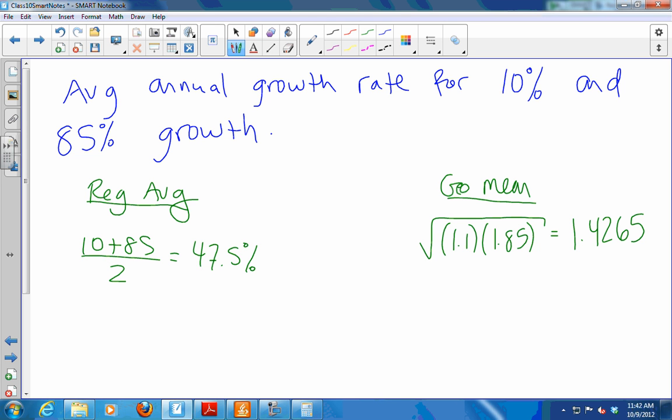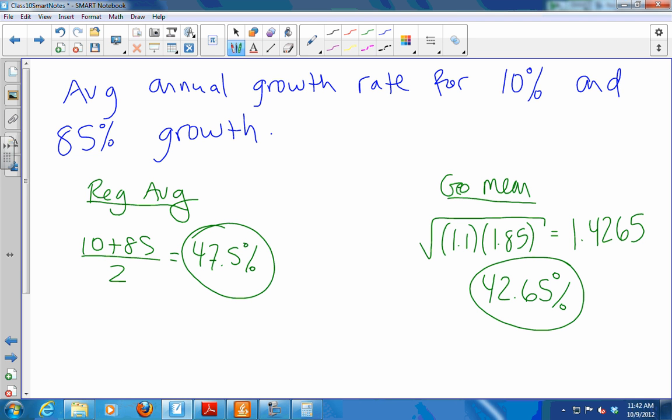As a percent increase, that's a 42.65% increase. So you can see those are pretty different numbers, right? If you could have a bank account that made 47.5% interest, you would choose that in a second over 42.65, right? That's going to make a big difference.